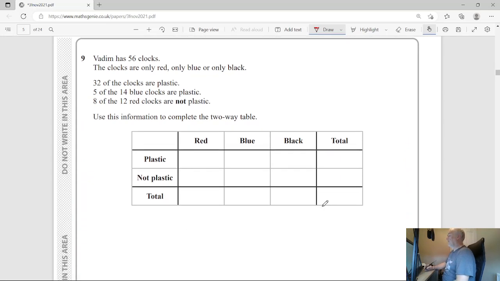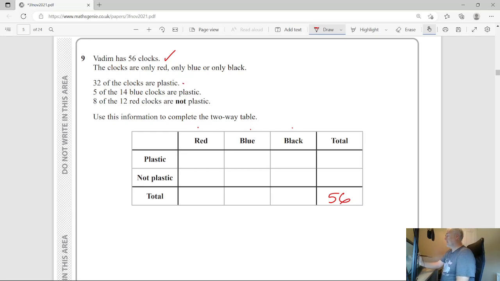Question 9. So we're going to do this a line at a time, working through each individual line of information. So Vadim has 56 clocks, so in total we have 56. The clocks are only red, only blue, or only black. Okay, so only each of those colours at the top, red, blue, black.